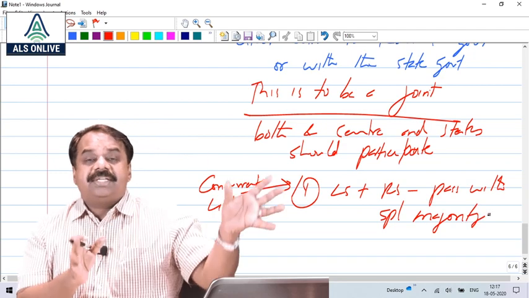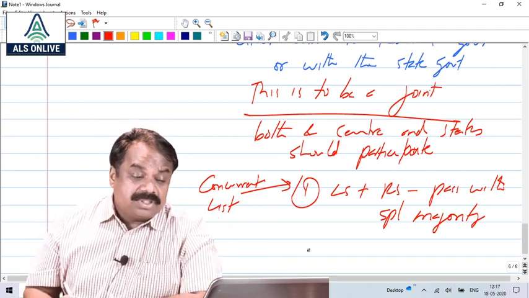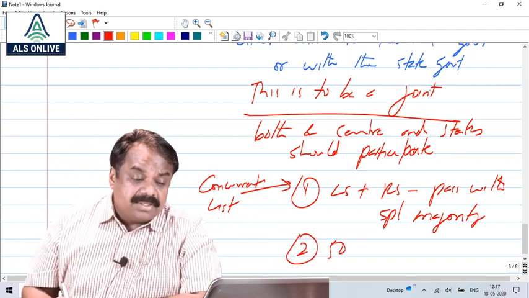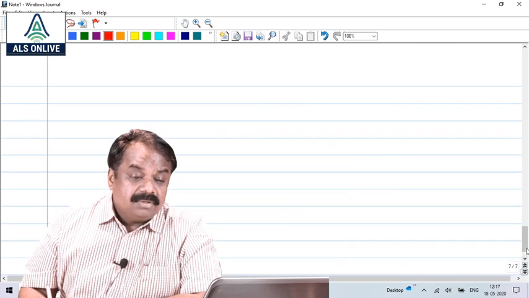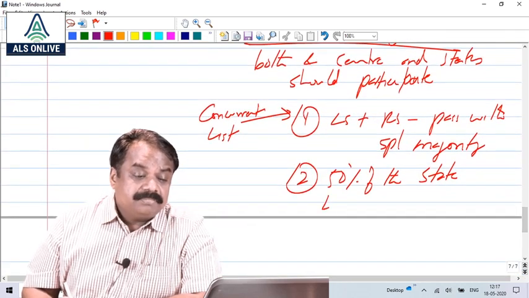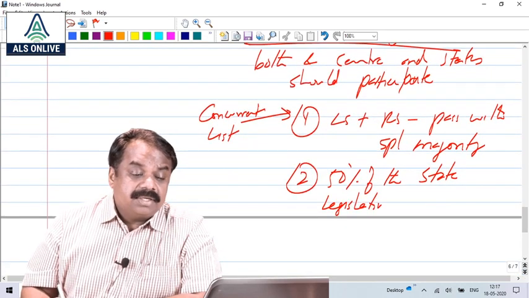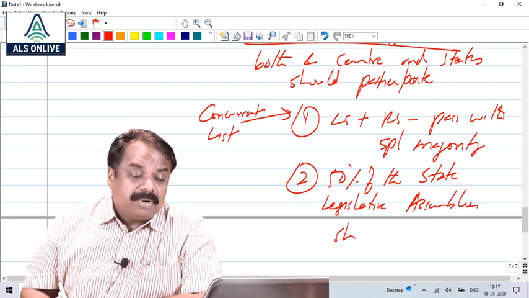So, the center has done something. Then it will go to the states. 50% of the state legislative assemblies should pass this with simple majority.